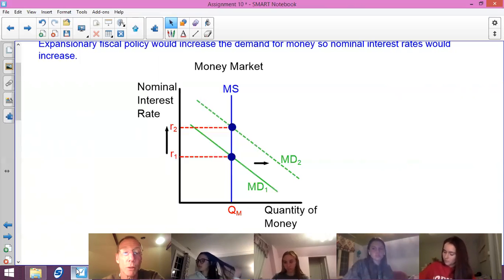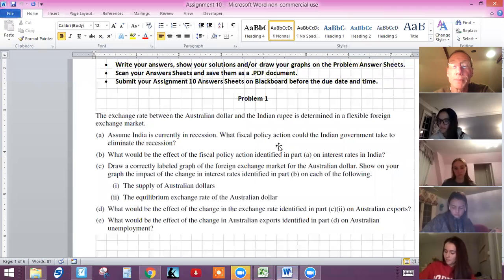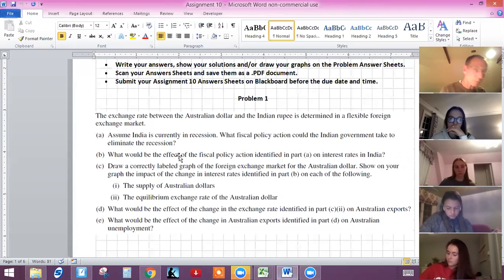And the question we were asked, let me just back up, is what would be the effect of a fiscal policy on interest rates in India. And the answer is obviously that they're going to go up, right?